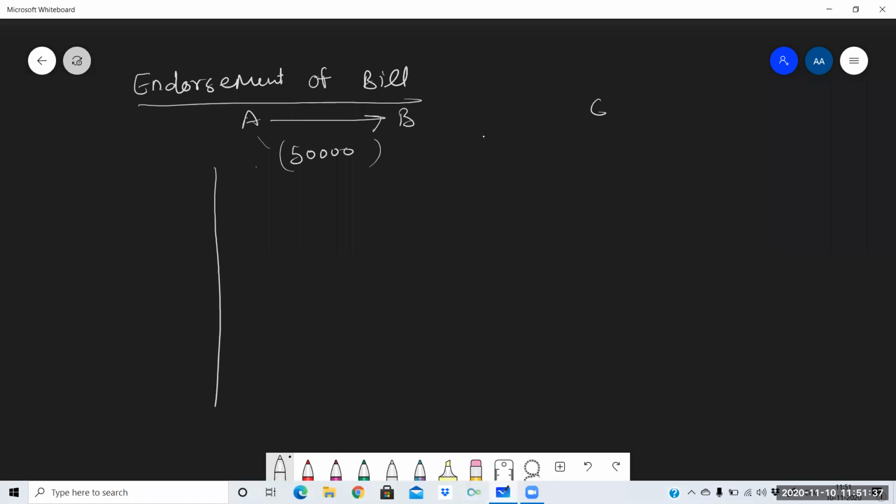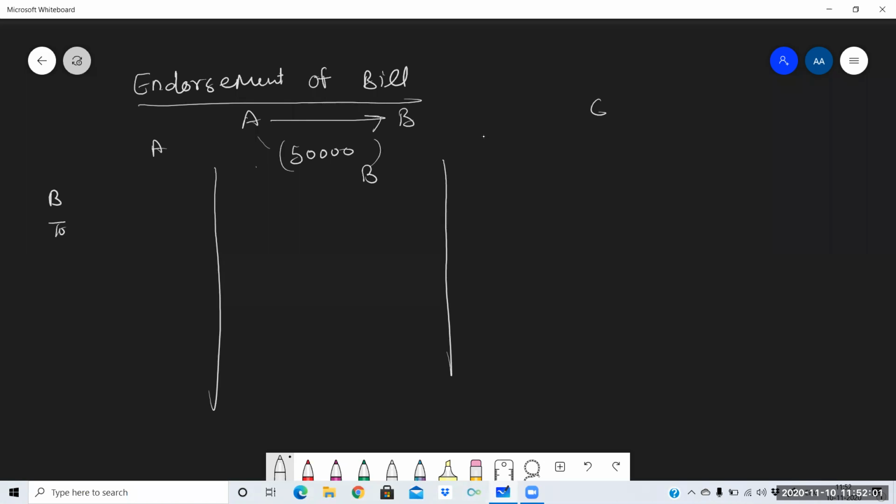So the first entry is in the books of A and in the books of B. With the help of an example, we are doing this topic. Endorsement, I have already told you the meaning: the drawer is giving his bill to some other person to whom he was liable to make a payment. Okay. So the first transaction in the books of A: A has sold goods to B.